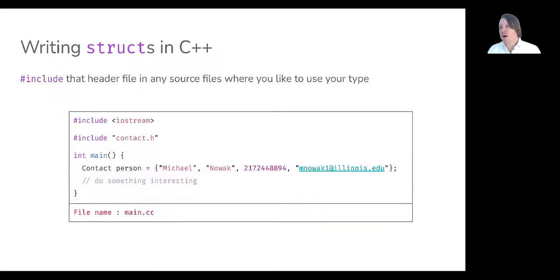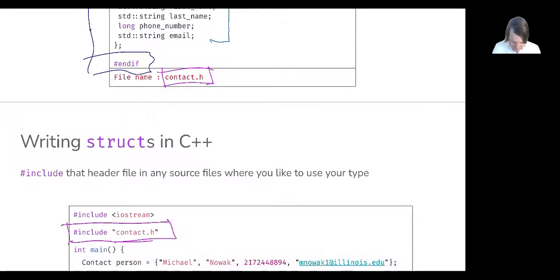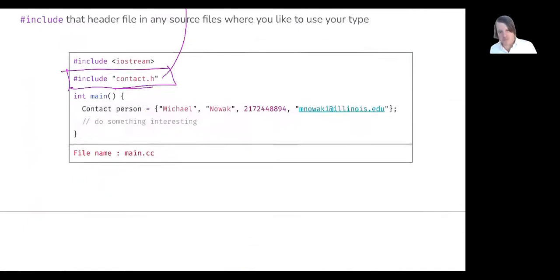Now, when we'd like to go ahead and use our struct, we just have to remember to #include the struct's definition into the file where we're using it. So in our main.cc, let's say we're interested in using contact. I have to bring in its definition by #including contact.h, and that is the file name there.